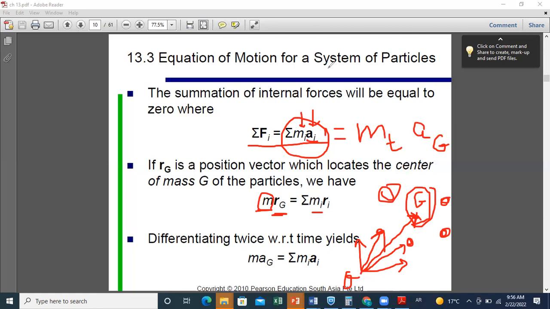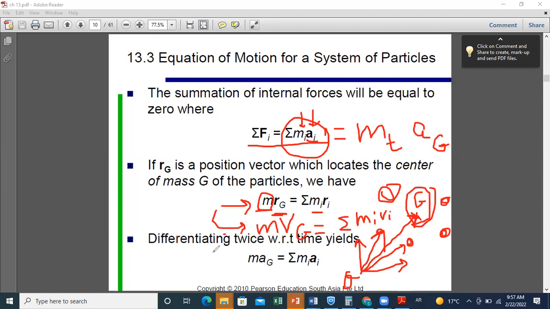Now, this is the formula of the center of mass. According to this formula, if I differentiate the first time with respect to time, I get the total mass times velocity of G equals the summation of each mass times its own velocity.